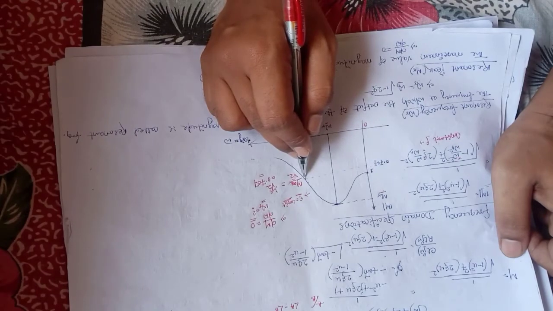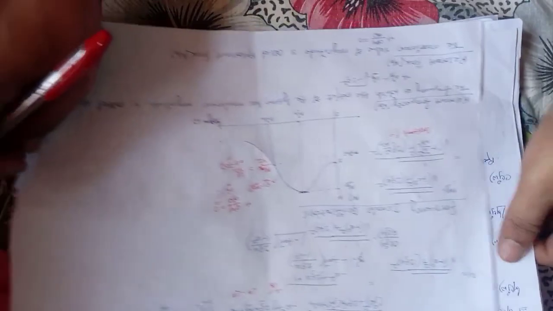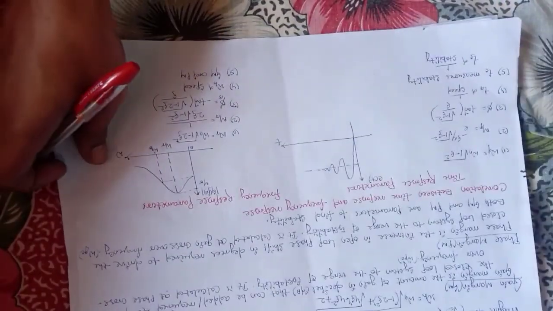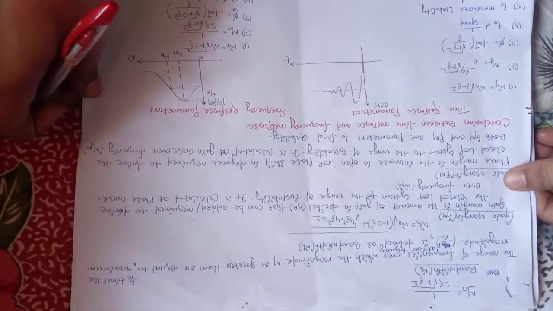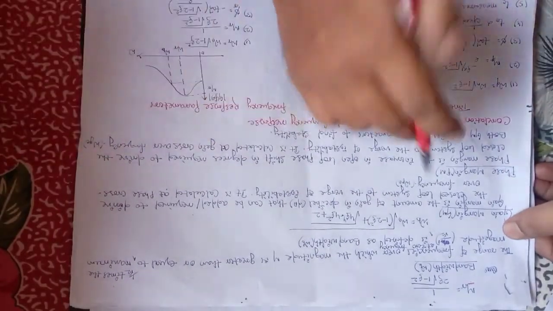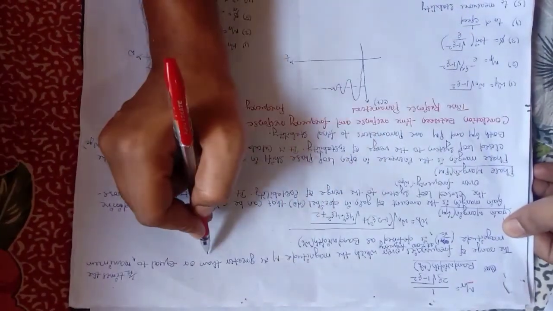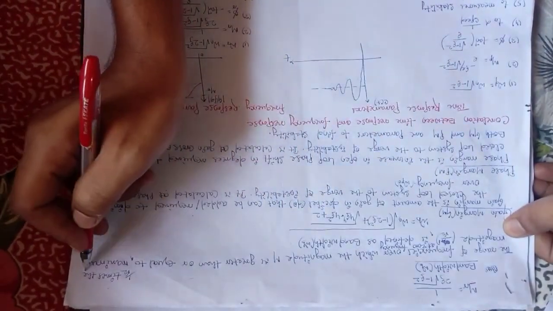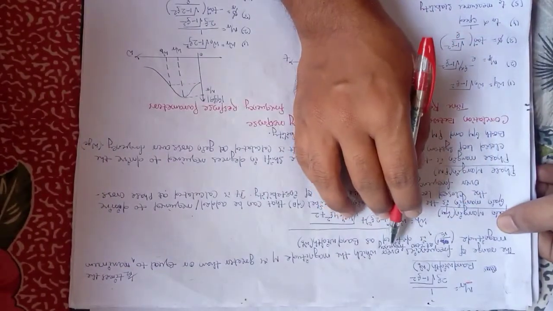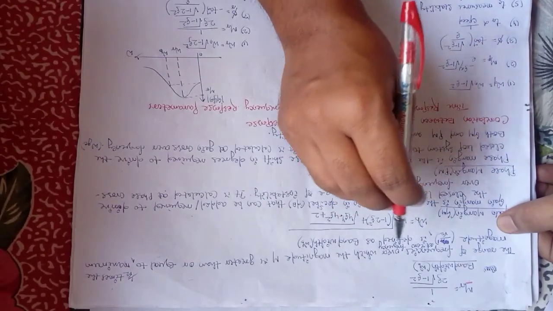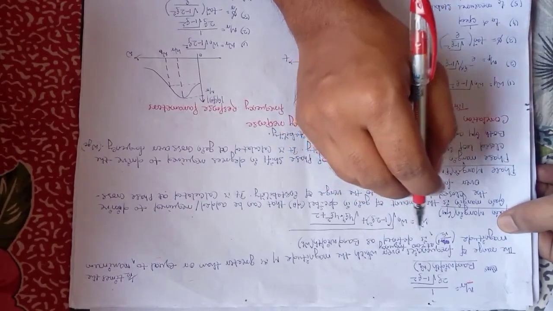Okay, so omega b, the definition of omega b, that is bandwidth: the range of frequencies over which the magnitude M is greater than or equal to 1 by root 2 times the magnitude at 0 frequency.